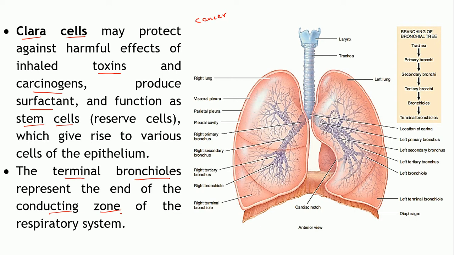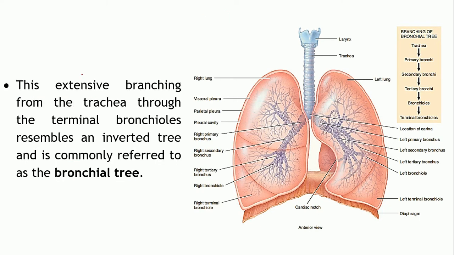One of them is the conducting zone, which helps in conducting the air towards the alveoli. That is the end of the conducting zone at the terminal bronchioles. From here onwards further branching will take place, and at these levels the exchange of gases will take place.